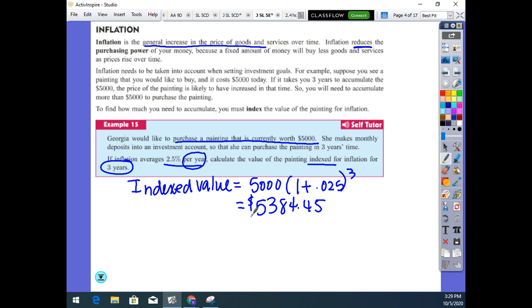Okay, so it reduces your purchasing power, because if you could pay it now, you would just need $5,000. But if you wait 3 years, you're now going to need that much more money in order to buy it, because it's worth more. So that's what we call our indexed value. How much is it for later.